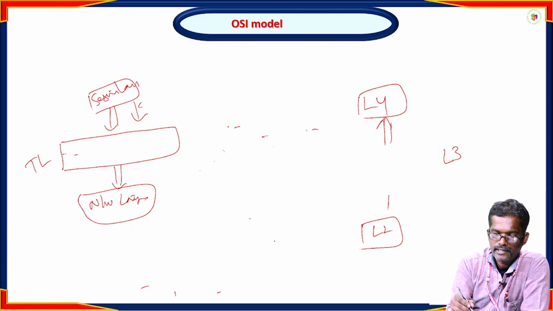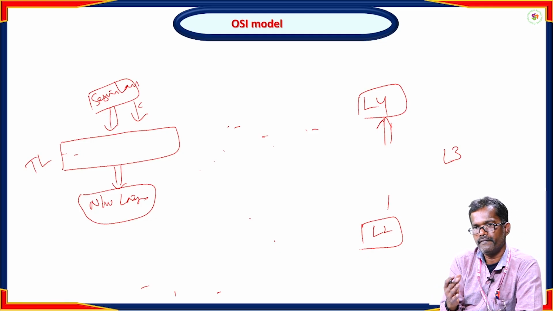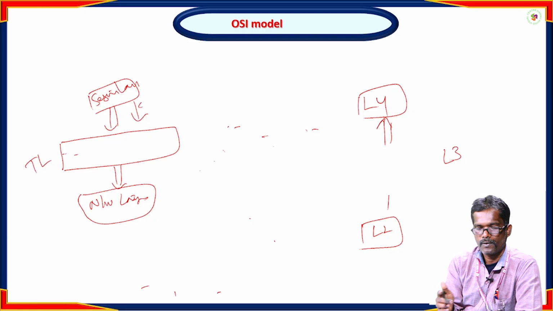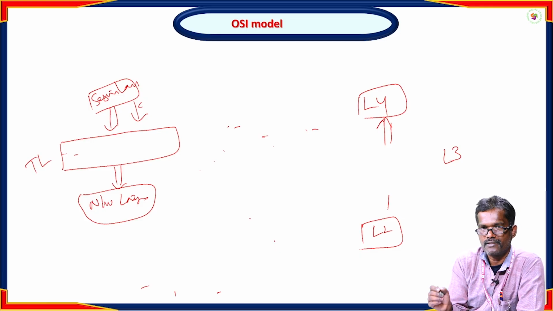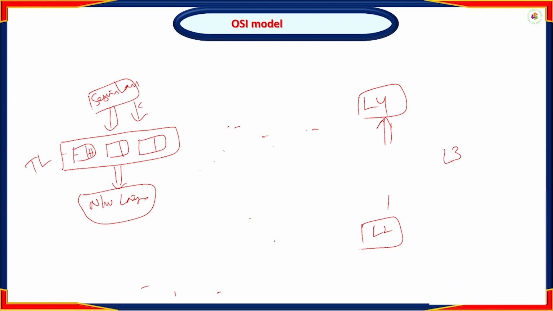Here the data received from the session layer, while coming to the transport layer, will be made into a few pieces, a few parts. One single piece of data coming from the session layer will be made into a few pieces of data, and each piece has some address.